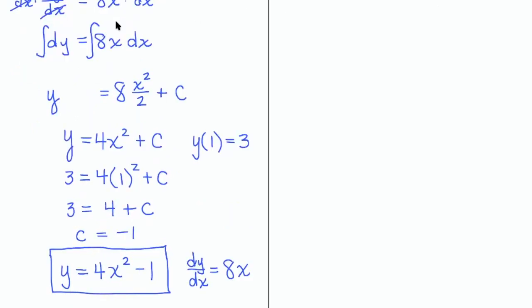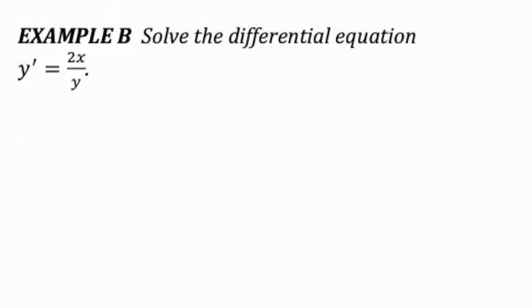So to solve a differential equation, one of the strategies is to do this separation of variables. Now in example B, you're going to notice that here we've got the prime notation for a derivative. There are two different notations, and it has to do with the fact that there were actually two people who discovered the bulk of calculus at about the same time, which was Isaac Newton and Gottfried Leibniz.